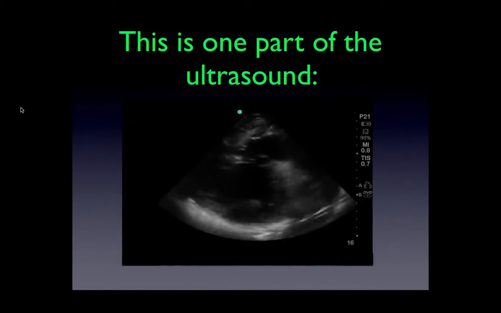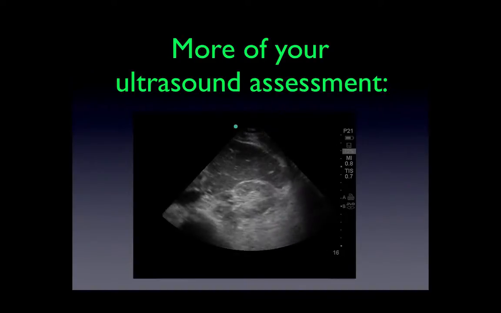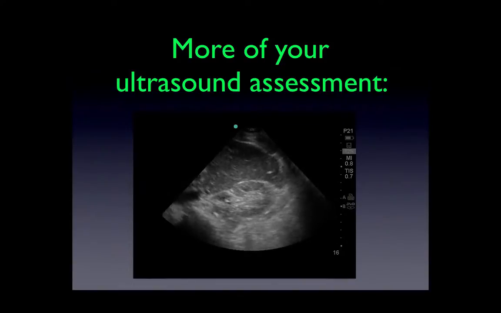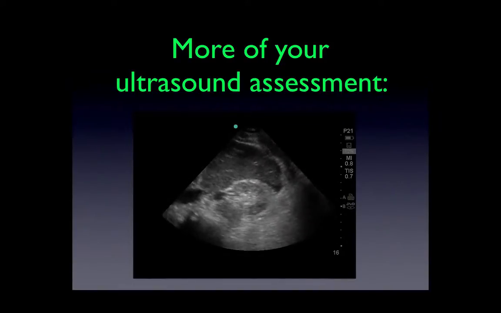We'll come back to this. As an additional part of your ultrasonographic assessment, there was another ultrasound performed, and this one of the abdomen. Again, take a look at this, and we'll review this in short order as well.